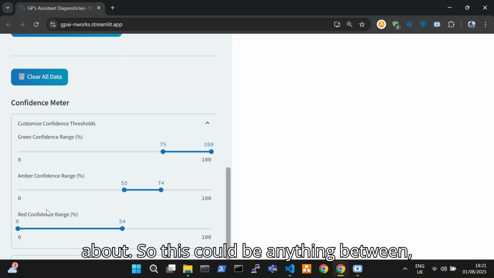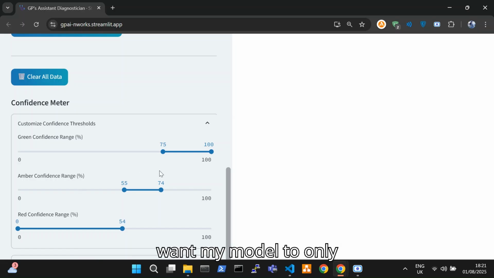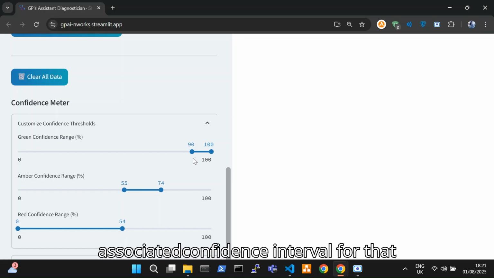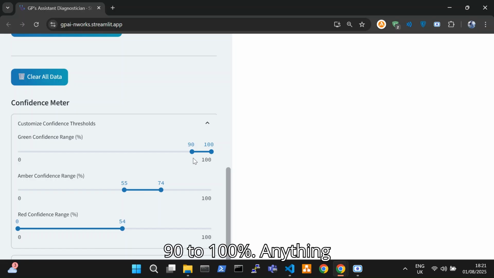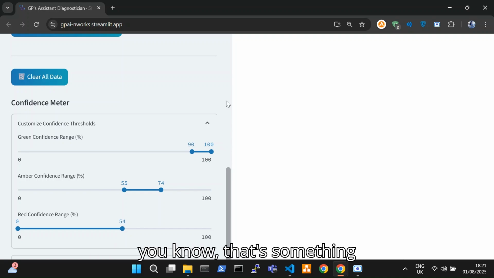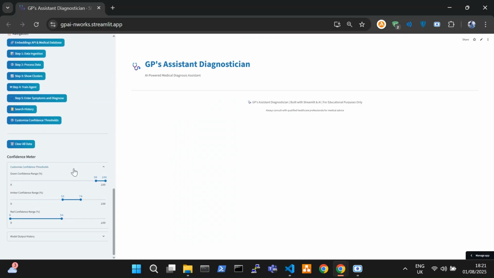You can configure it like, I want my model to only flag its predictions in green, which is trustworthy, if the associated confidence interval for that specific diagnosis is between 90 and 100%. Anything other than that would go into amber or red. We don't care. So that's something that gives the user the power.